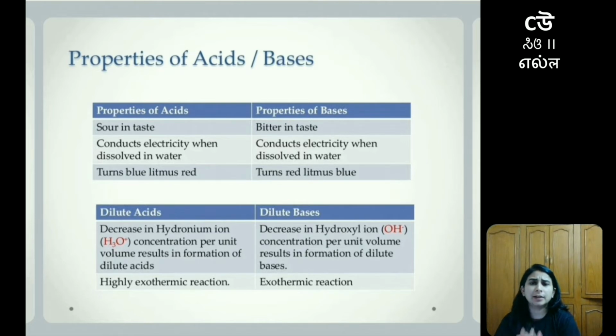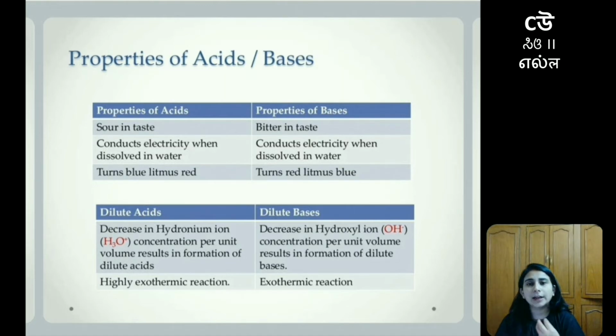So you should be thorough with what are exothermic and endothermic reactions. Students, exothermic reactions are those reactions where once the reaction is completed, they will release energy to the surrounding. For example, explosions are a very good example of exothermic reaction.